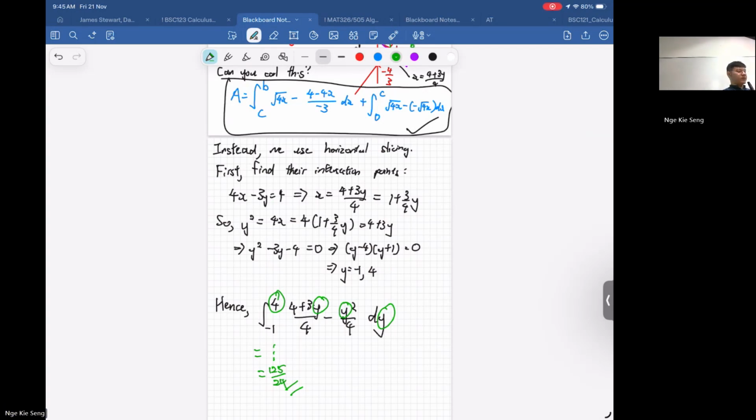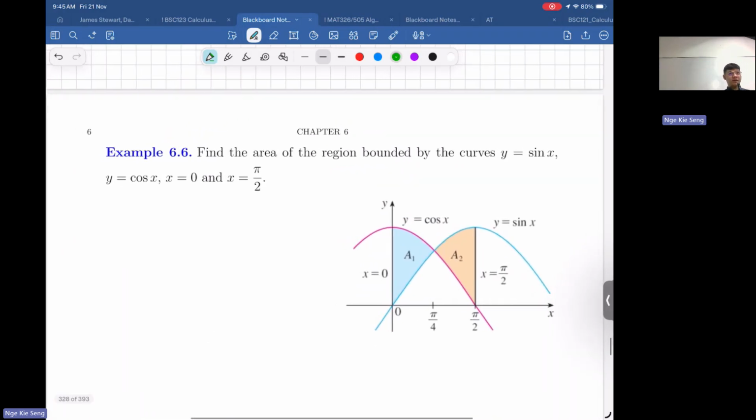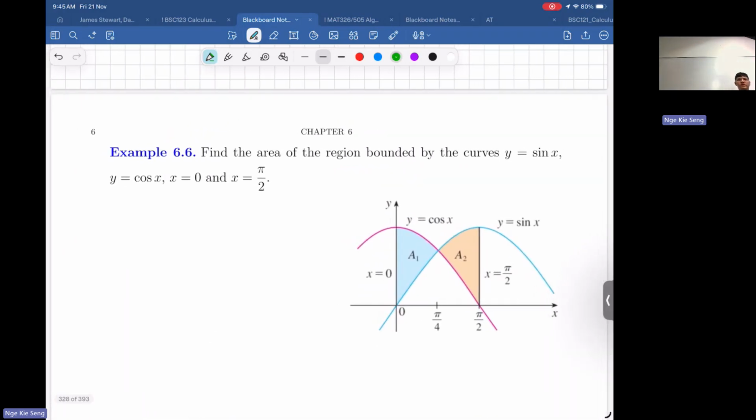Any questions so far? No? Okay. So how about you try the last one before we take a break here, try this. See if you want to use the horizontal one or the vertical one. Sometimes you can do both.